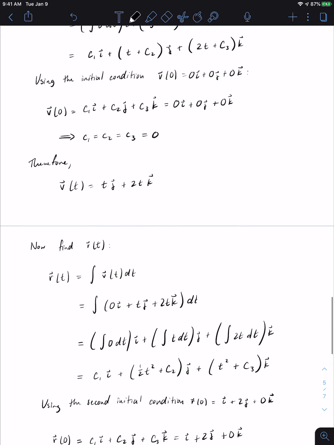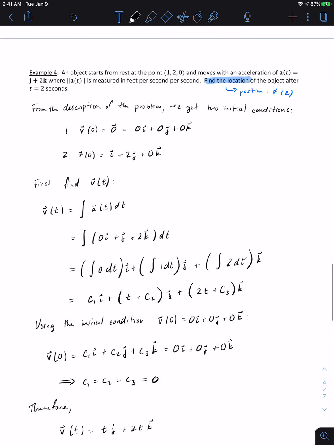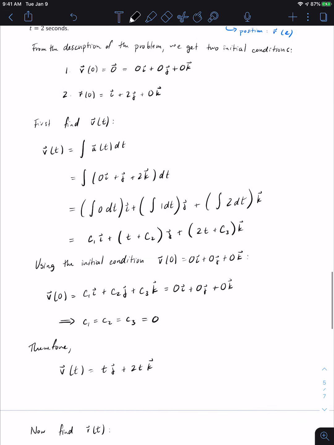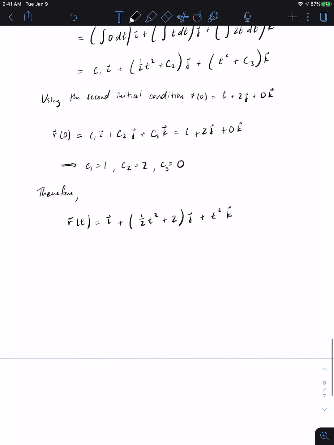No, right? The question asked way back when, it said find the location of the object after t equals 2 seconds. So the location of the object after t equals 2 seconds is, we just plug in 2 into this position vector function that we found.